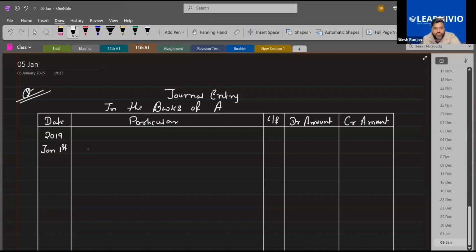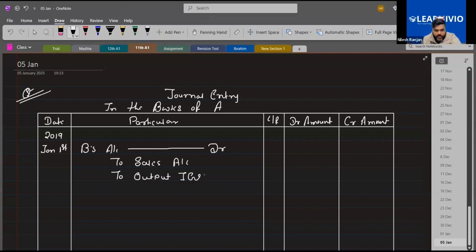A sold goods to B. B account debit to sales account and to output IGST, because along with sales there is GST also.